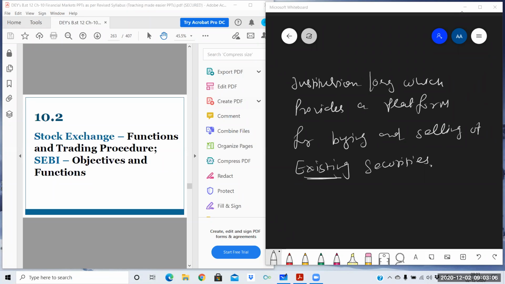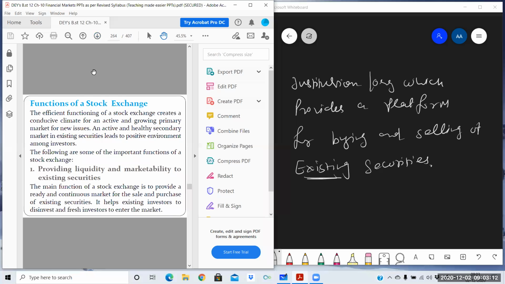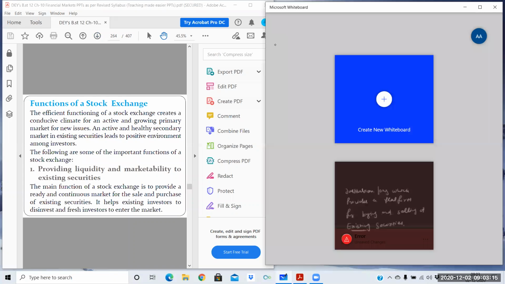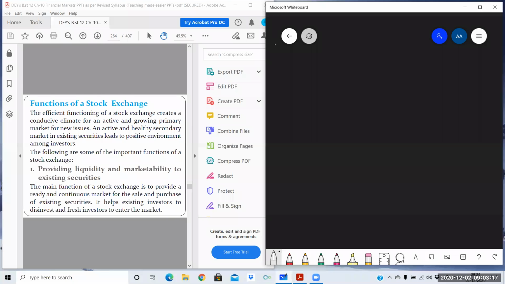Some other functions are also performed by the stock exchange. So what are the other functions of stock exchange? Apart from buying and selling, some other functions are also there. So these are the functions of stock exchange or secondary market.